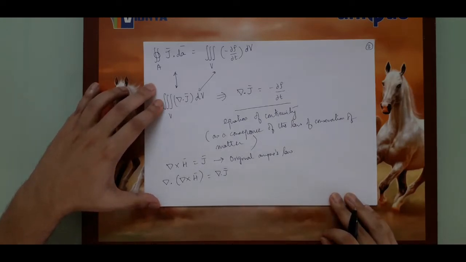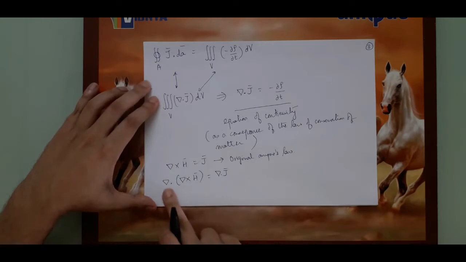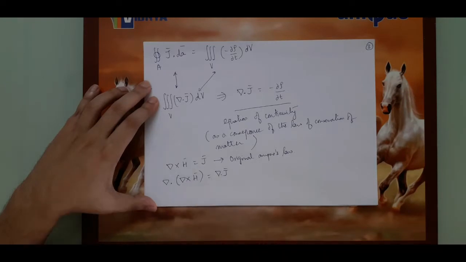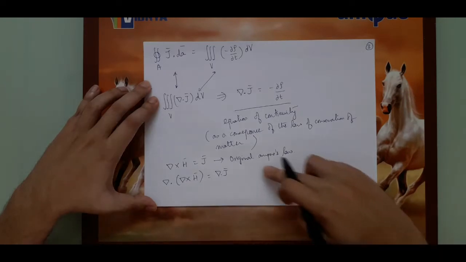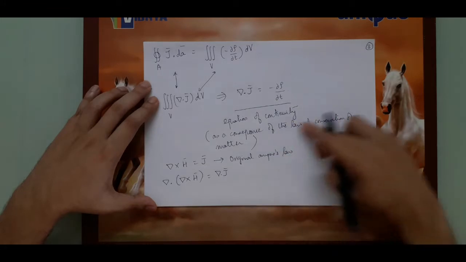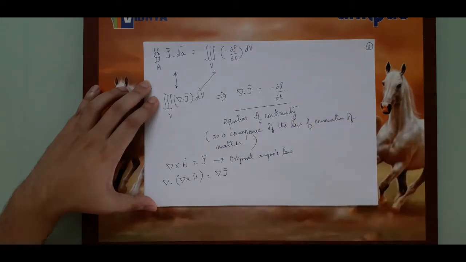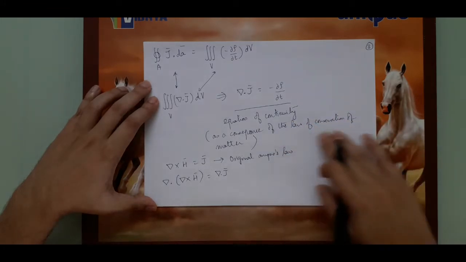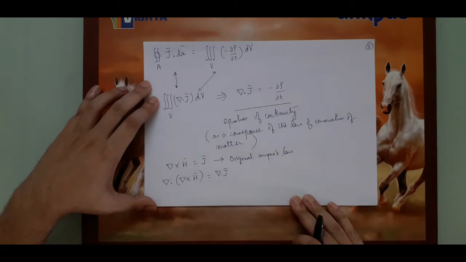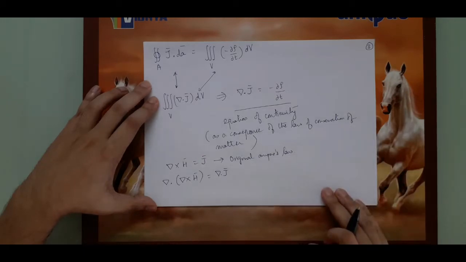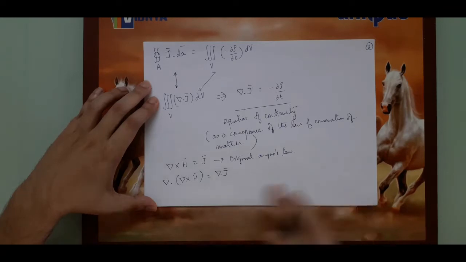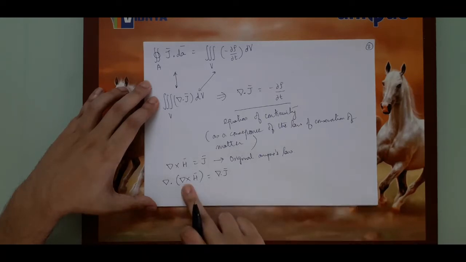Now, what do we know? If you look at the left hand side, we are trying to take the divergence of a curl. And as we know, the curl indicates rotation. So the divergence of a curl essentially is trying to tell you how much of the curl vector is diverging from a point. And by the nature of the curl, we can prove it intuitively.